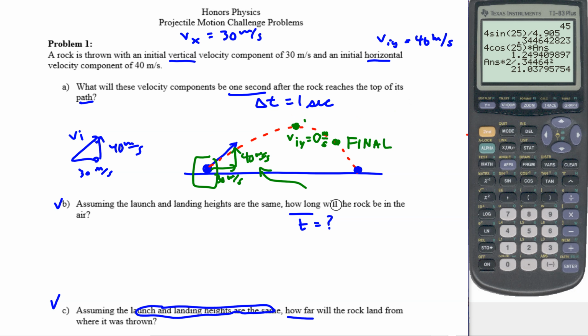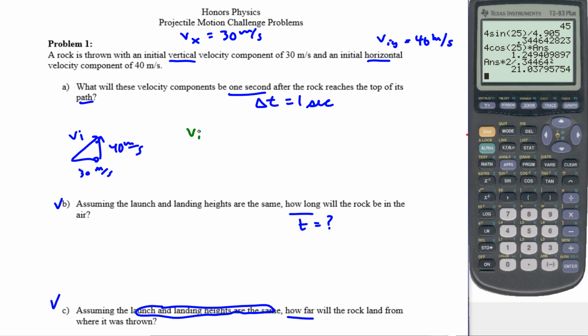So what you have to do is let VIY be 0. VIY is 0, not the 40. The time that passes is 1 second. And we know AG. We seek the velocity final on the y-axis.